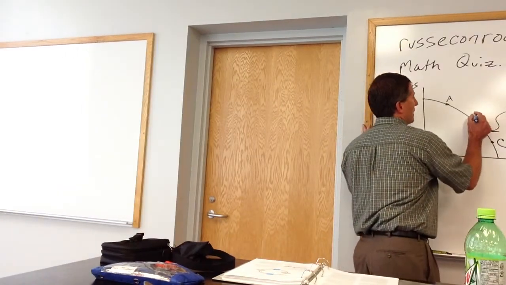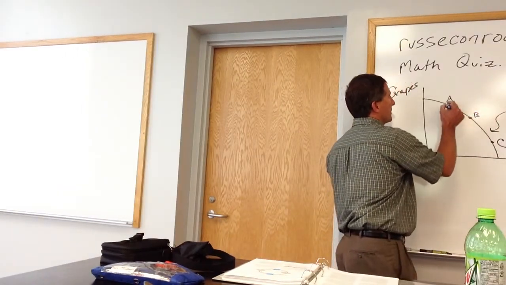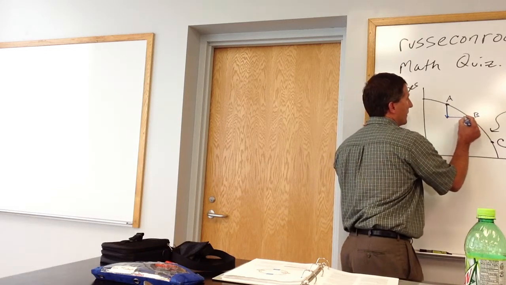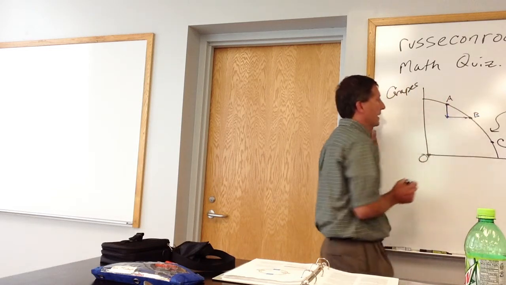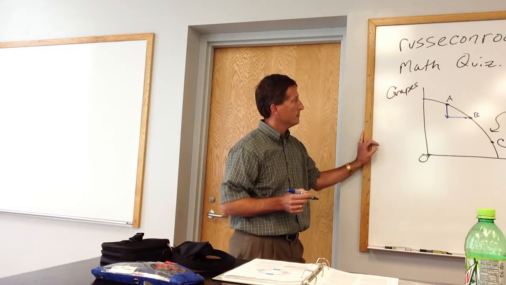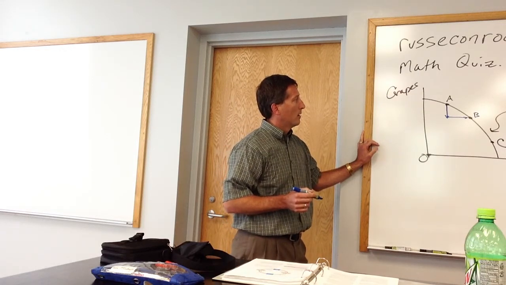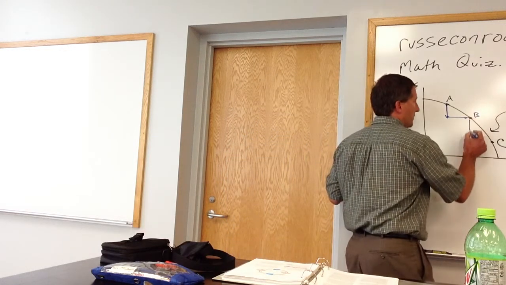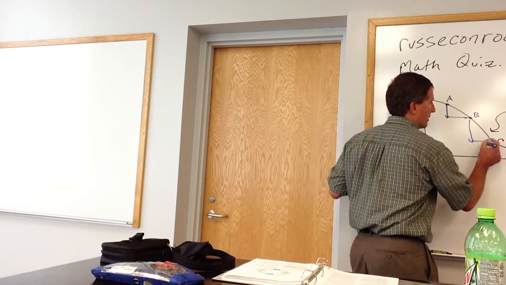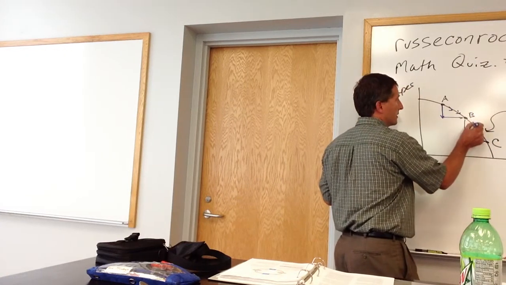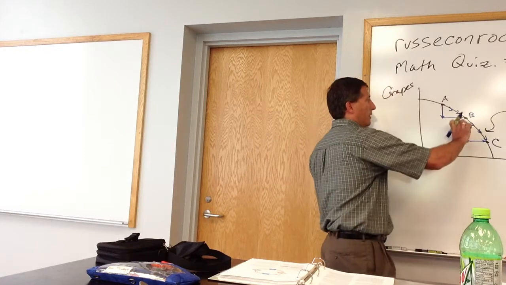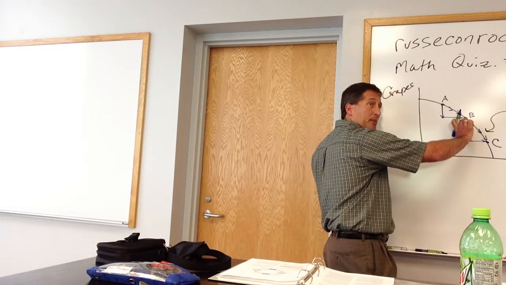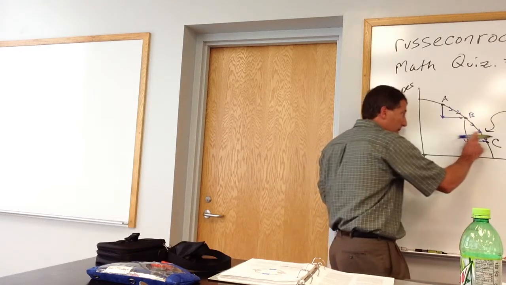So if I move from point A to B, I give up a certain amount of grapes to get more pizza. As I continue to move in this direction along the production possibilities frontier, from B to C, the amount of grapes I have to give up gets bigger.